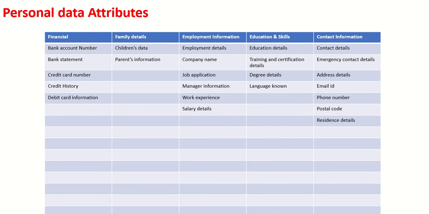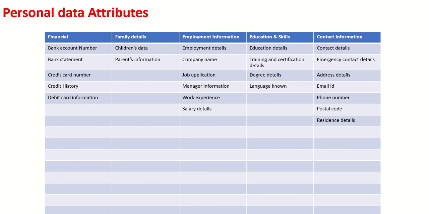Last is your contact information: your phone number, name, emergency contact number, address details, email ID, postal code, or residence detail, which country you reside in. These come under personal data.